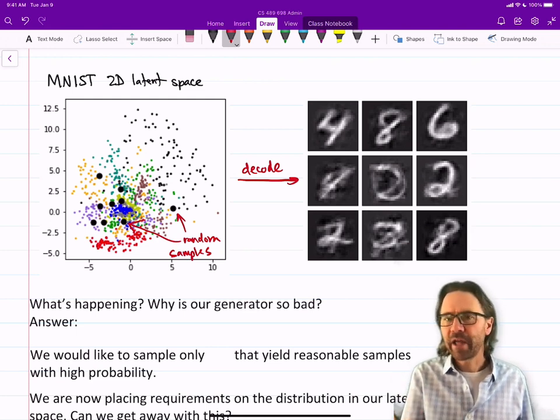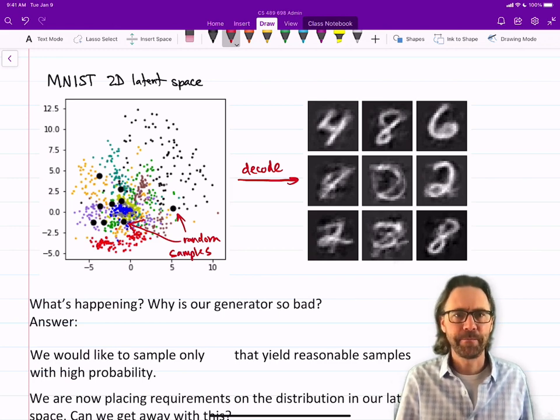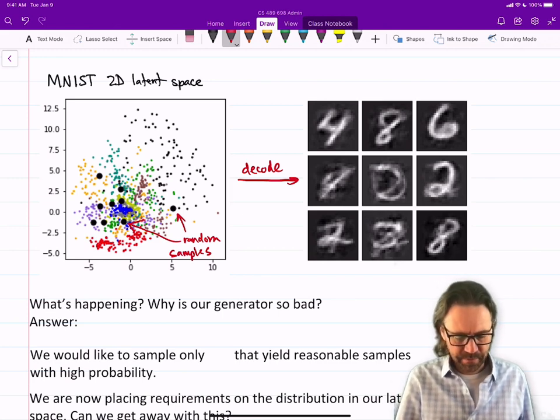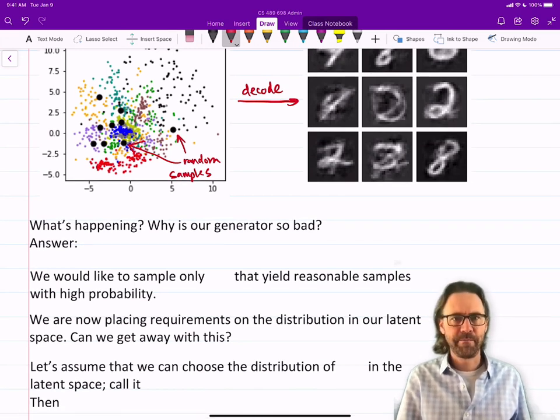I don't really have a model that generates good-looking digits consistently. So what's happening? Why is our generative model so bad?